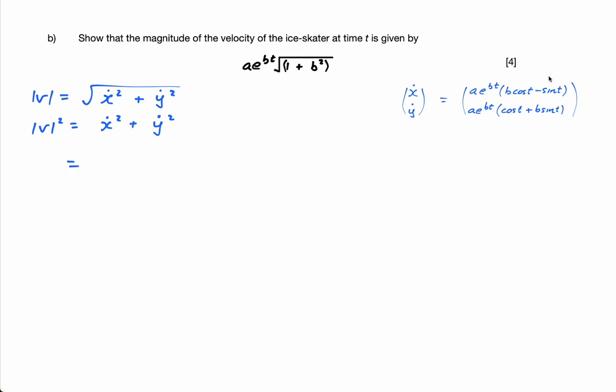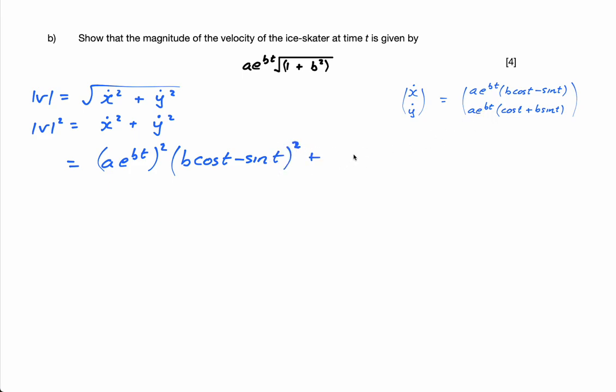So it's this squared, a e to the bt. I'll just square this and square this. I can do that. Cos t minus sine t, that's allowed.